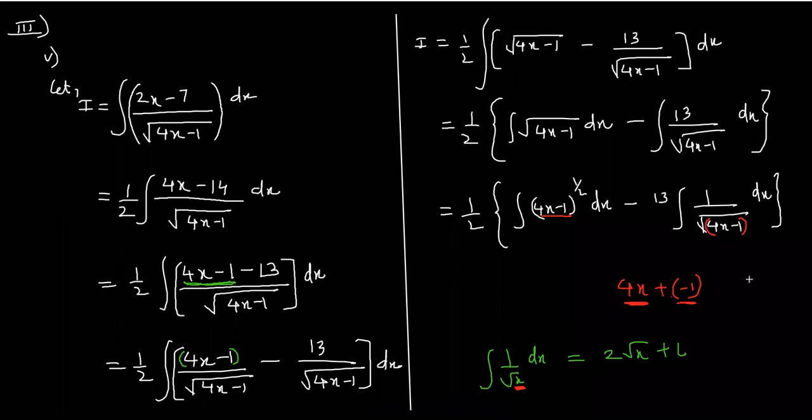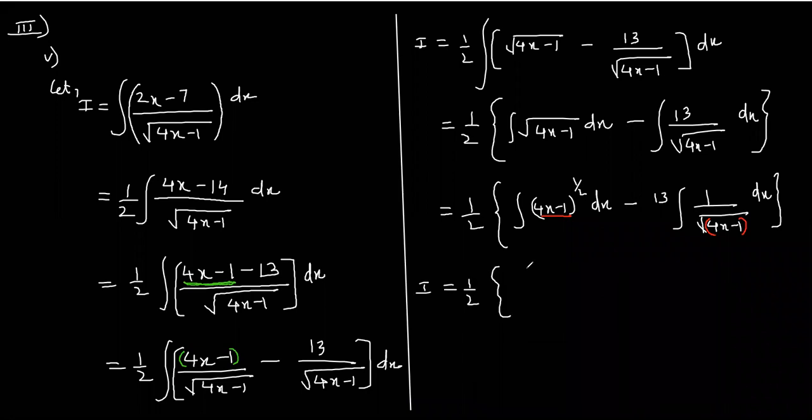I hope you all are understanding everything, because I have explained enough here. So I equals 1 upon 2, and this gives you (4x minus 1) raised to half plus 1, that is 3 by 2, upon half plus 1, which is 3 by 2. And don't forget to multiply by 4 in the denominator, because the coefficient of x is 4.